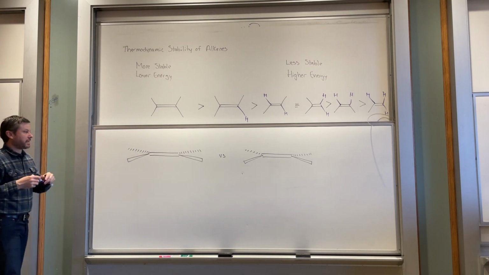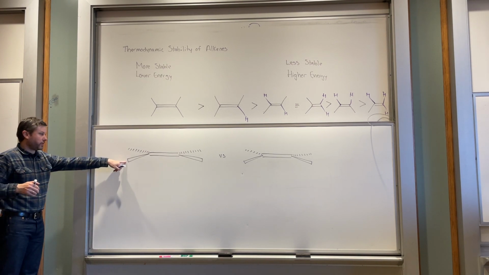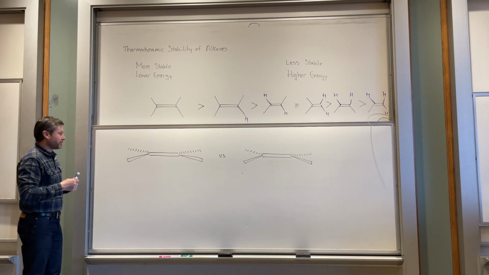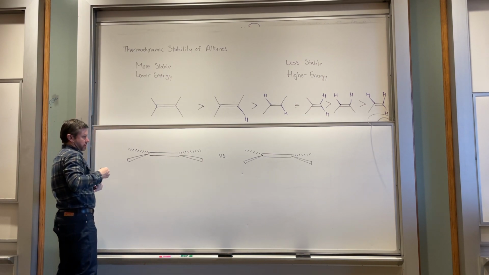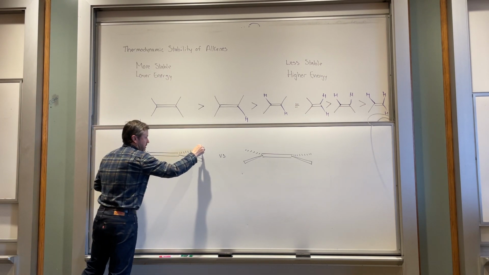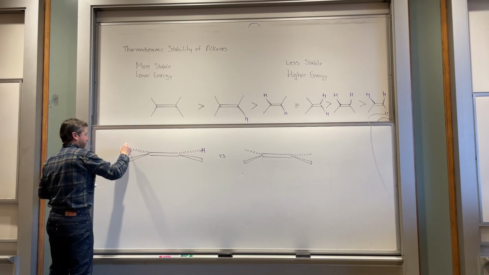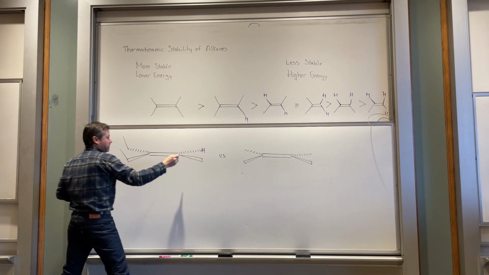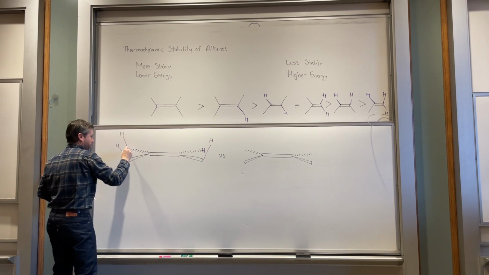So we're going to be looking at these alkenes from the side view. We'll make this into a trisubstituted alkene. There are going to be two methyl groups and one hydrogen. We'll make, say, this a hydrogen back here, and then we have other hydrogens on the methyl groups.